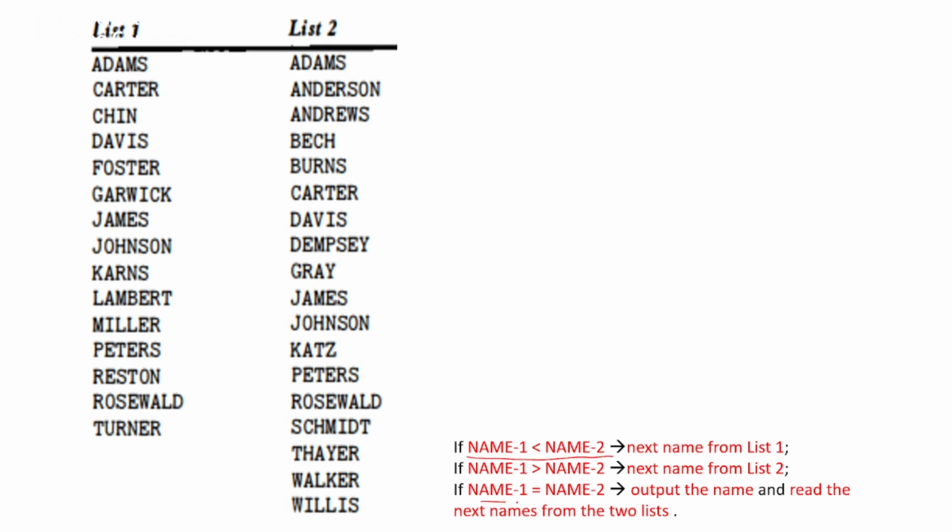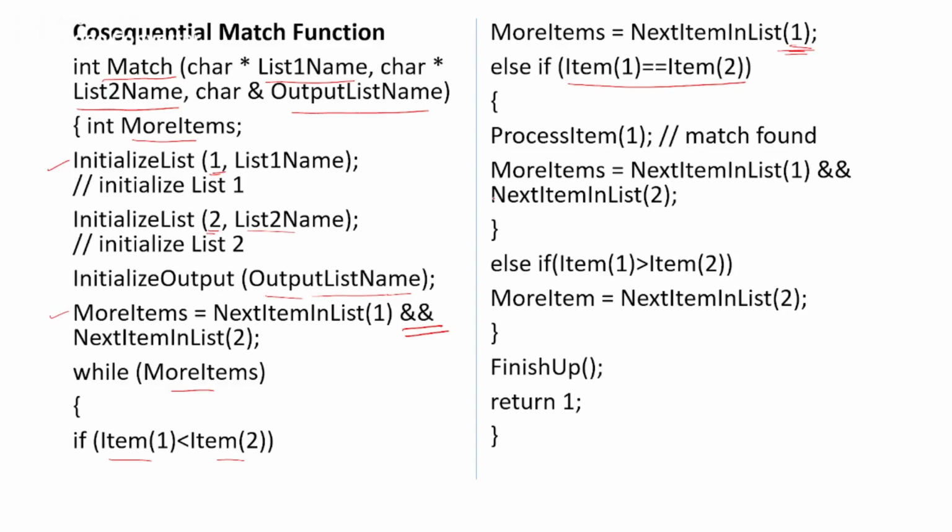If name 1 is equal to name 2, output the name, and read the next name from both lists. So if item 1 is equal to item 2, process item 1, in the sense you got the match and you need to output.